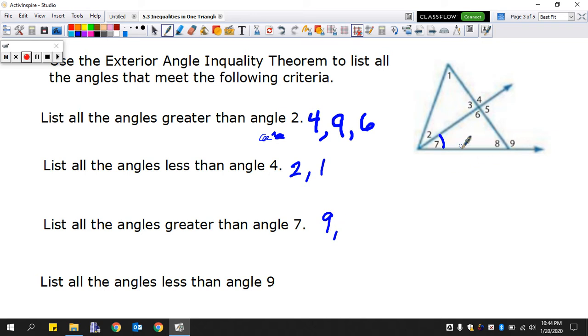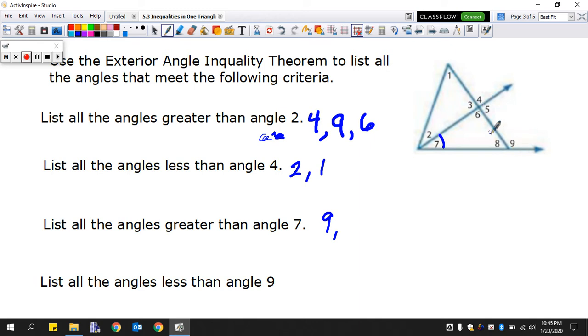Let's see here. Are there any others that are bigger? Well, we know that 9 is the exterior angle for this triangle as well as for this triangle.